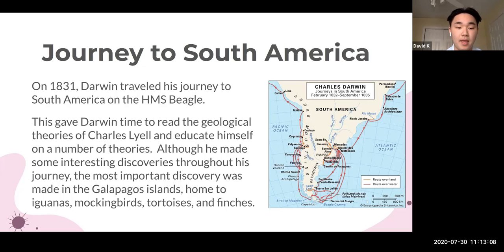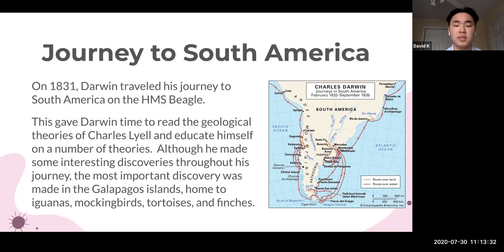Throughout his journey, he made some interesting discoveries, such as fossils of giant sloth-looking animals and giant armadillos, and thought that they might be related to the armadillos and sloths of today's world. With that in mind, he continued his journey.